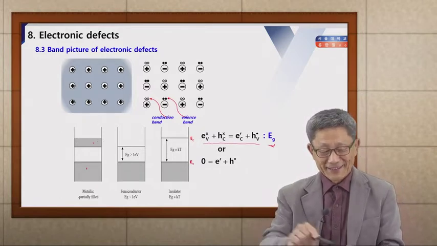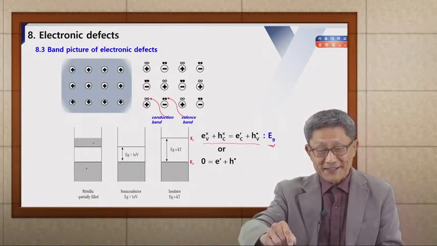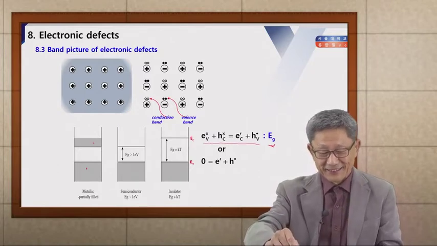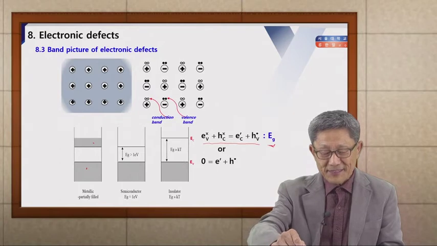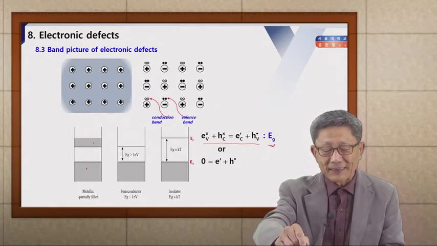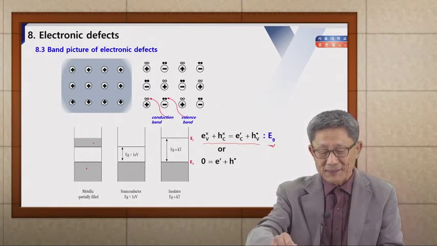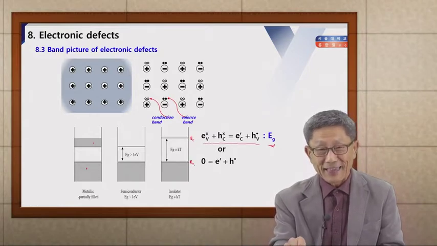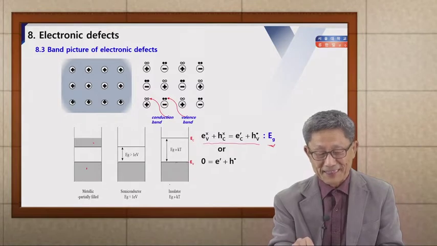What about ionic solids? If it were ideal, then all electrons occupy the valence band up to this point. So this level is called the valence band edge. In terms of energy, we normally represent it as E sub V.